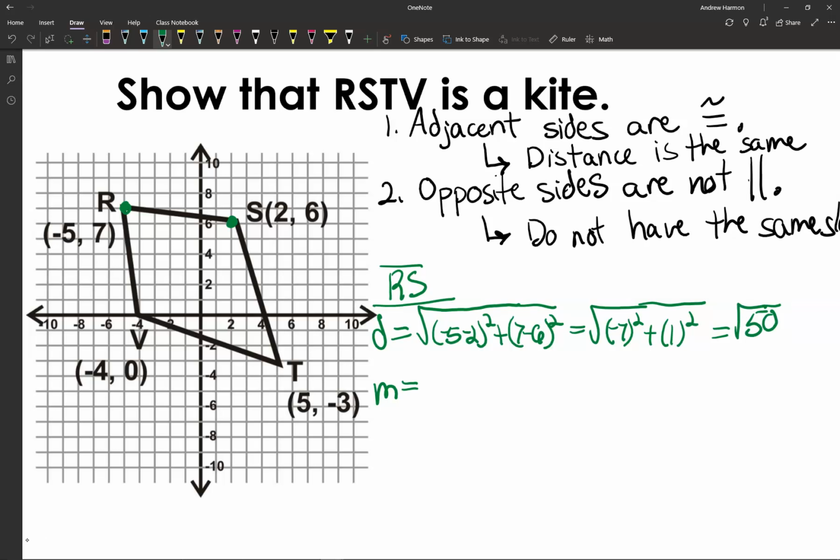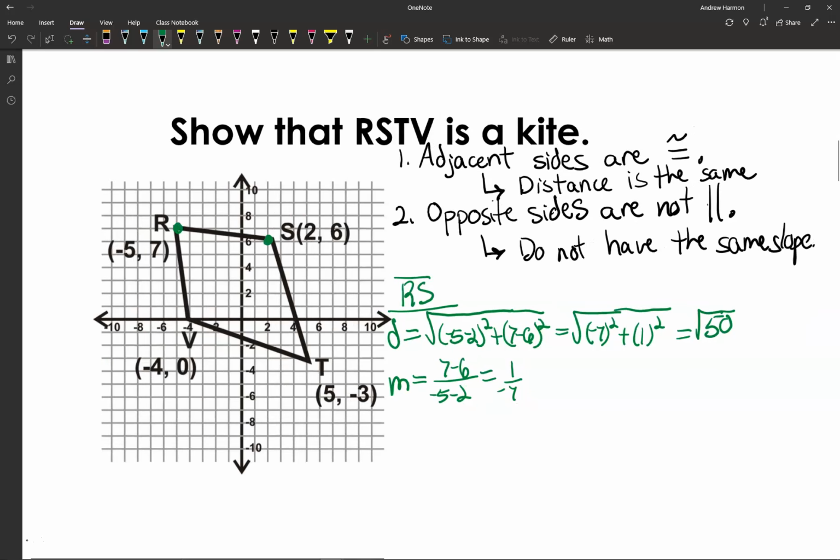We can just leave it as that. And the slope is change in y over change in x, so it's 7 minus 6 over negative 5 minus 2, which gets you 1 over negative 7. So your slope is negative 1/7.